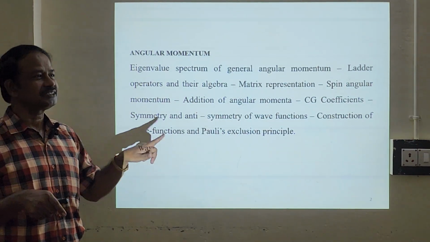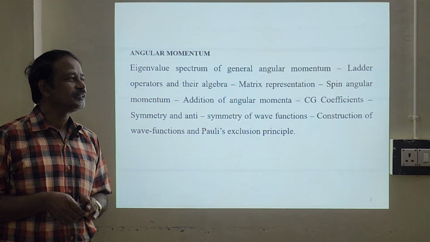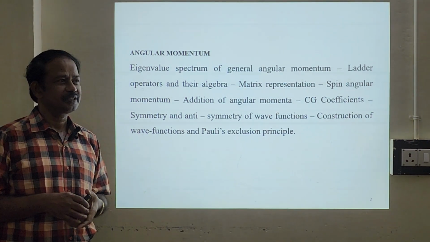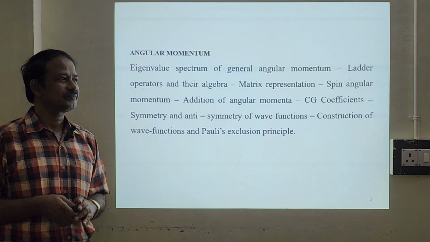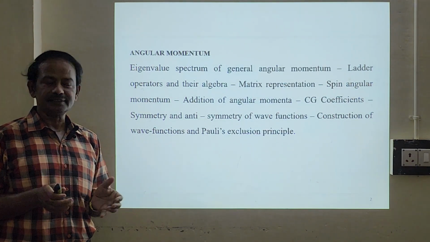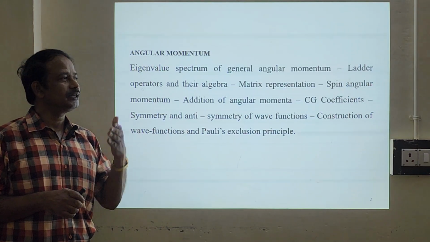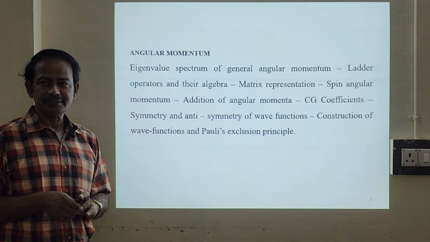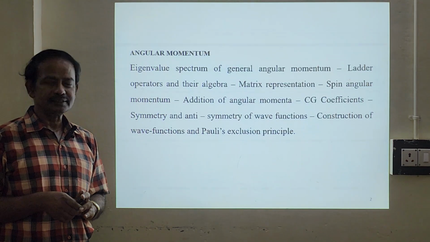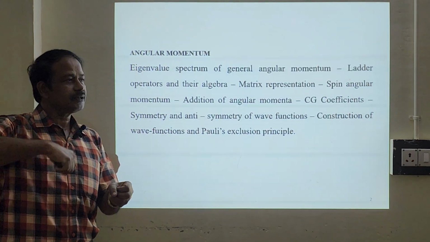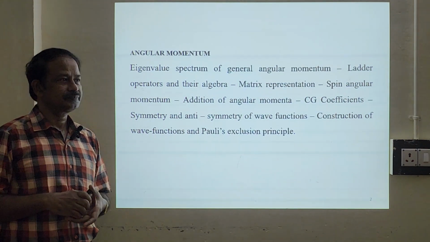So there's a connection between symmetry and angular momentum. Whenever we look into symmetry, there exists angular momentum, especially rotation symmetry. Rotation symmetry, in the sense, is invariance in space. Whenever we look into classical mechanics or quantum mechanics, we have a smaller particle which revolves around the bigger particle.